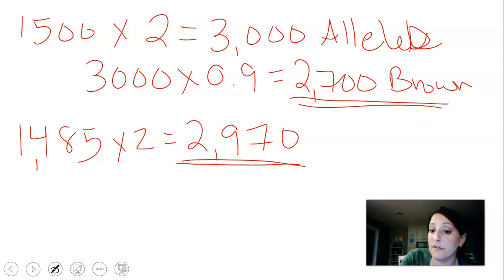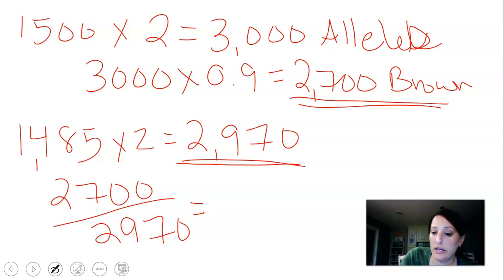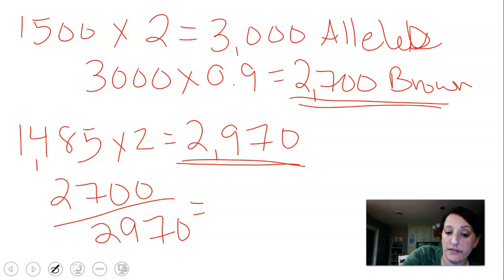So now we want to know the frequency of the brown alleles. So all we do is we take the number of brown alleles, 2,700, and we divide that by the total number of alleles, 2,970. And that's going to give us the frequency. So if you do that math, that's going to give us our P value, which is about 0.91.